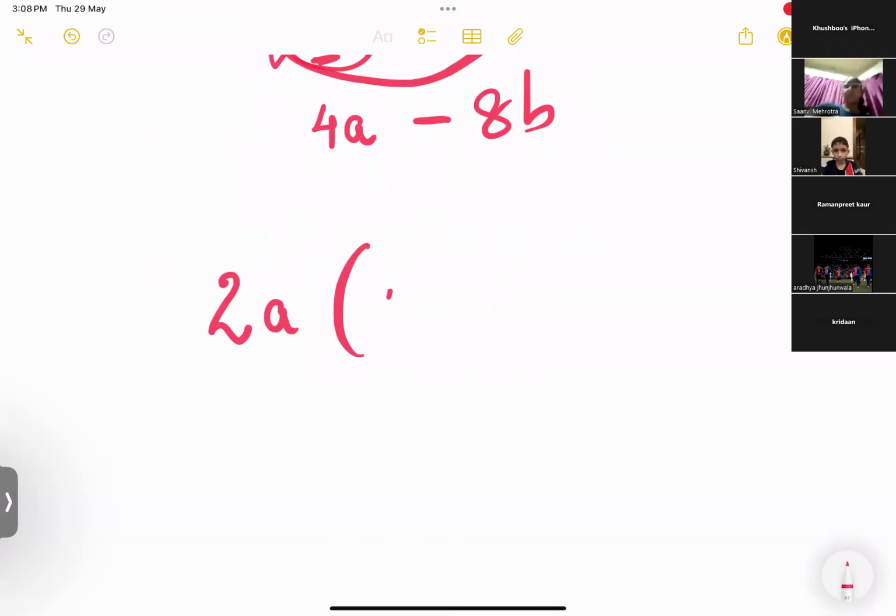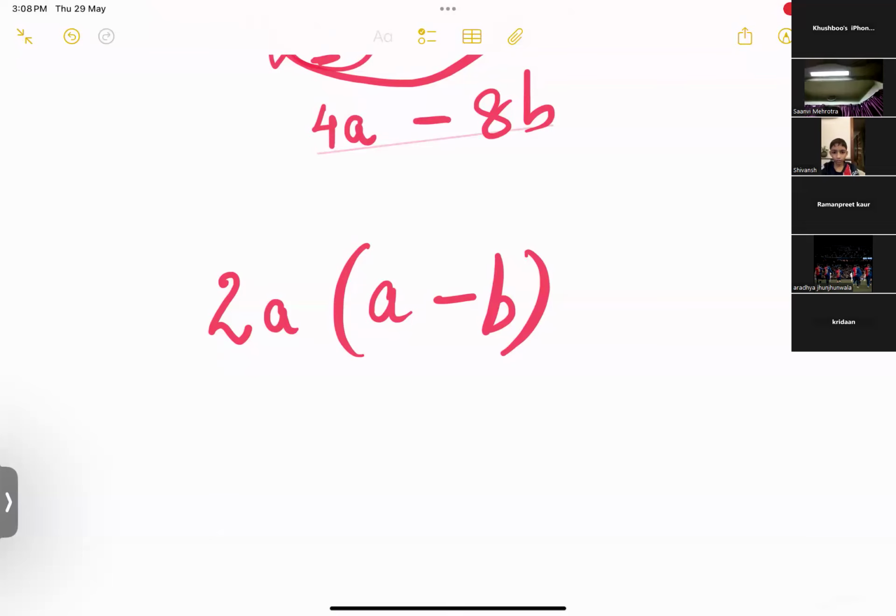2a(a - b). Ma'am, yes? 2a minus ab, maybe.